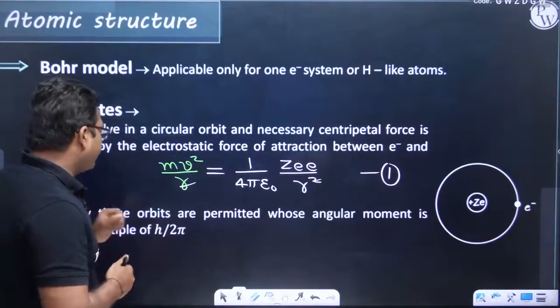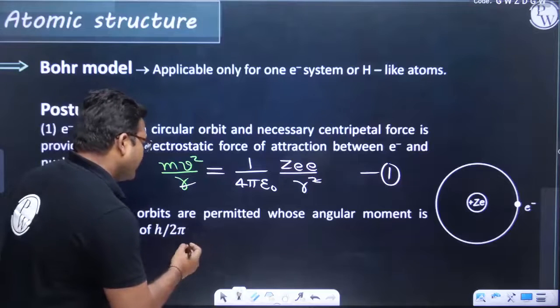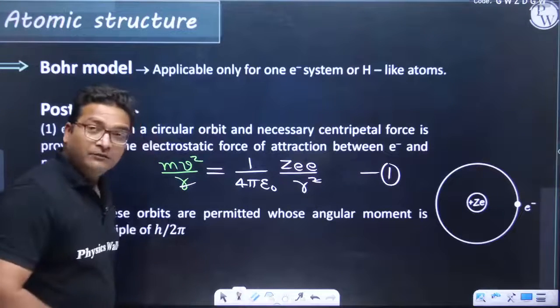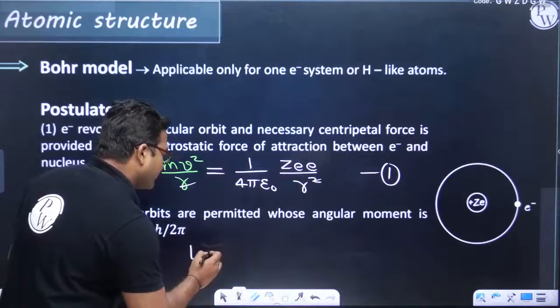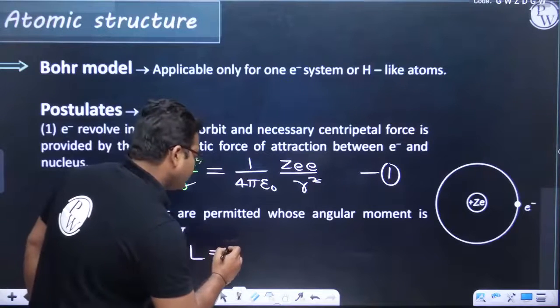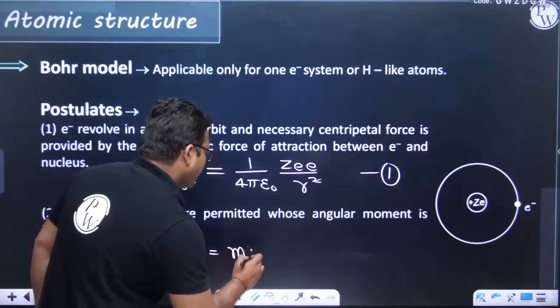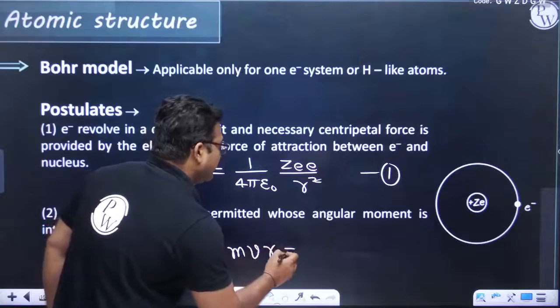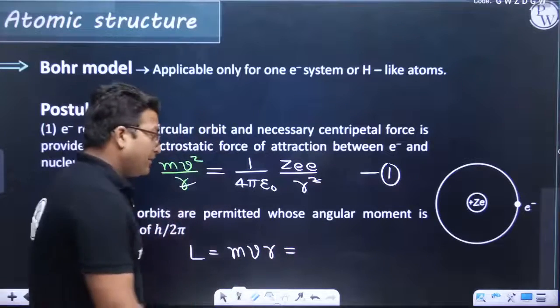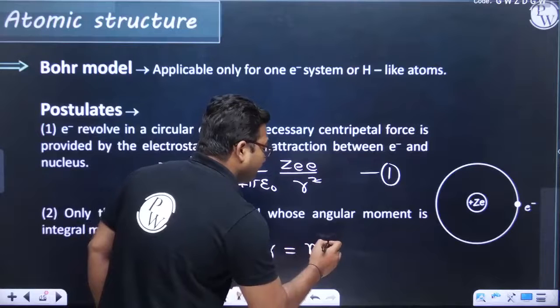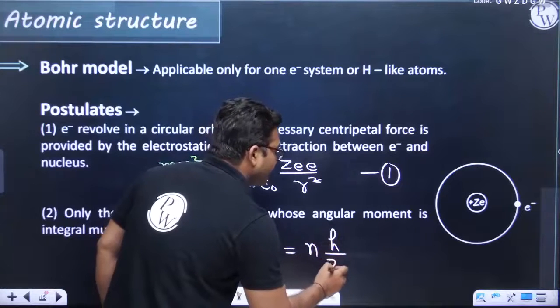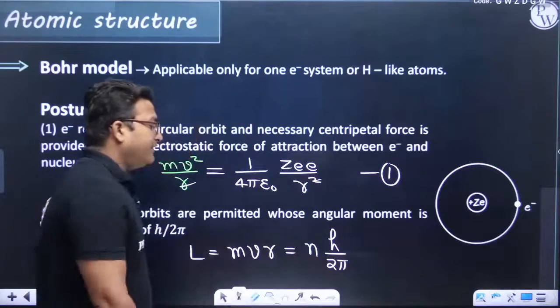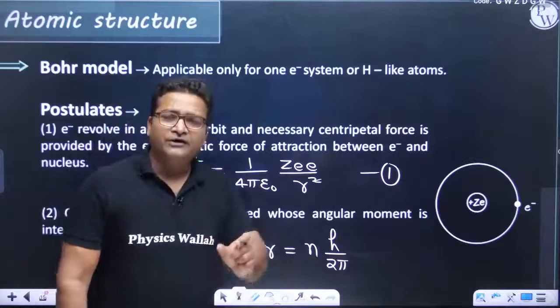So according to this second postulate of Niels Bohr, the angular momentum L of electron is actually equal to m times v times r, and it should be integral multiple, means n times h divided by 2 pi, where h is Planck's constant, and n can take values 1, 2, 3, 4.